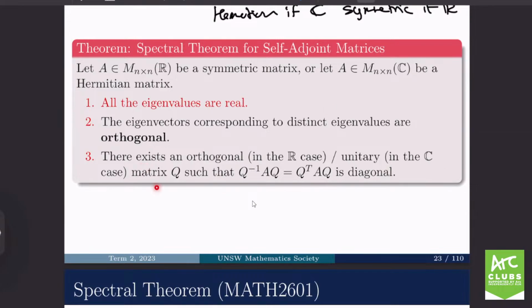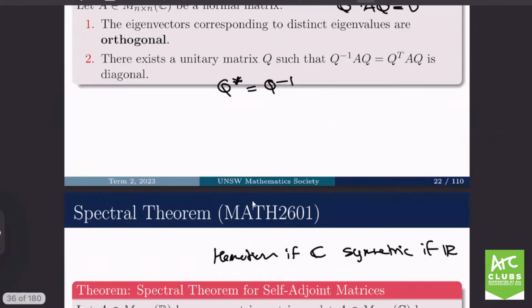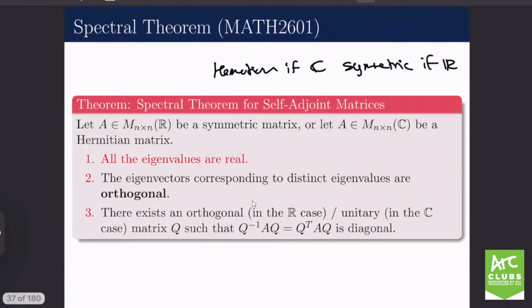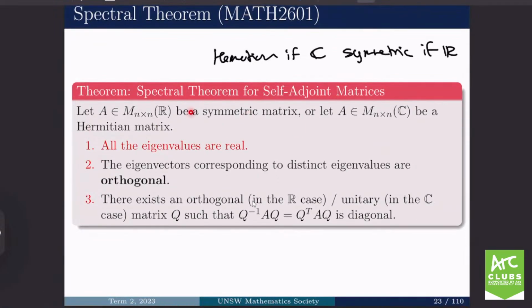So self-adjoint matrices are unitarily diagonalizable, which is exactly what we looked at previously. But we also have this additional condition that all the eigenvalues for self-adjoint matrices are real.